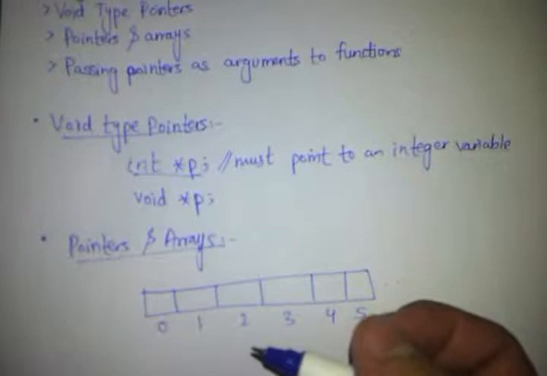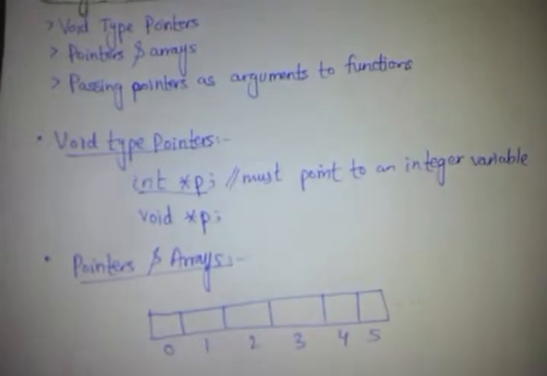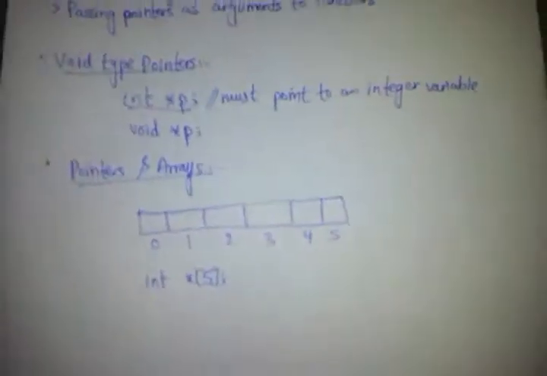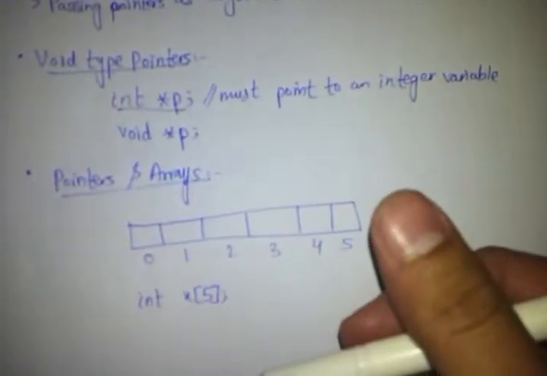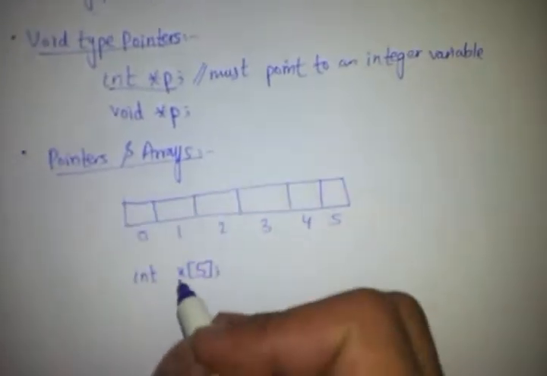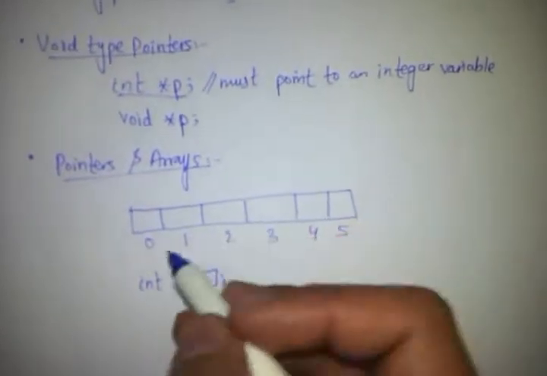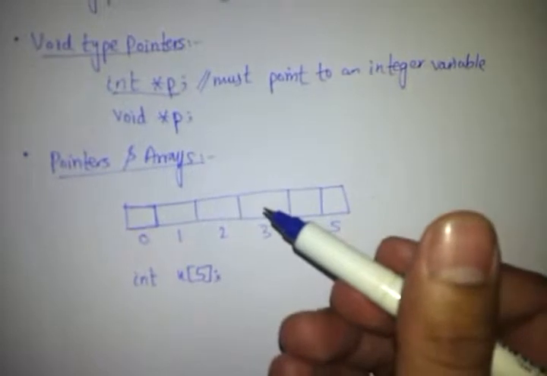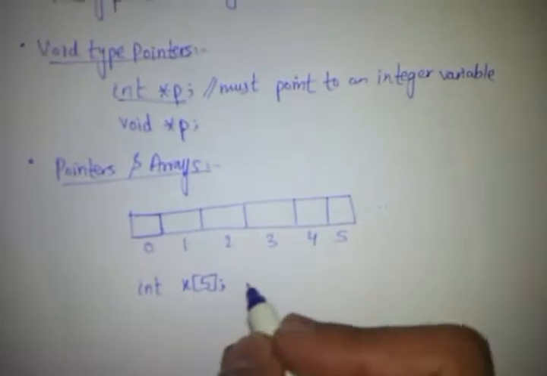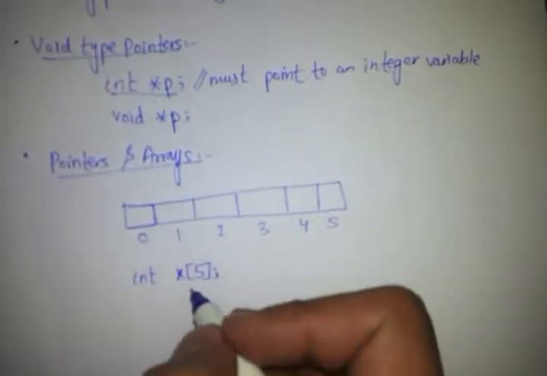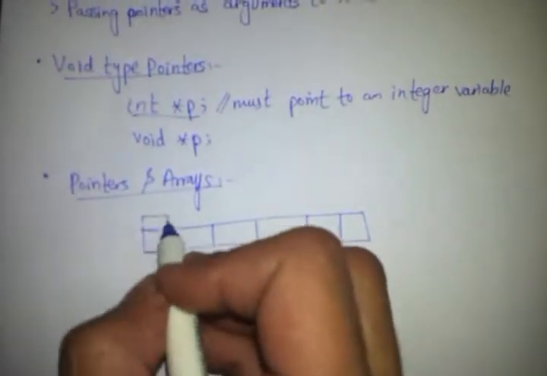So when we declare an array like this, what happens in the memory is that these 5 cells of memory are allocated to this array X, and the size of each cell depends on the type of X. As this is an integer type variable, this cell would have a size of 2 bytes.